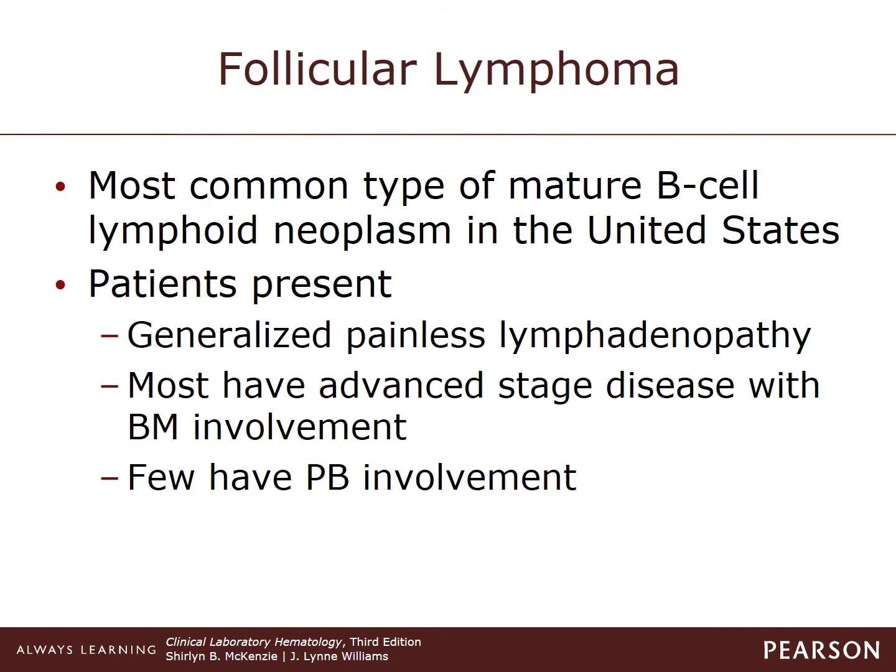Follicular lymphoma is the most common type of mature B-cell neoplasm in the United States, where patients are presenting with enlarged lymph nodes, and they are staged 1 through 3. Again, stage 3 has a lower survival rate.